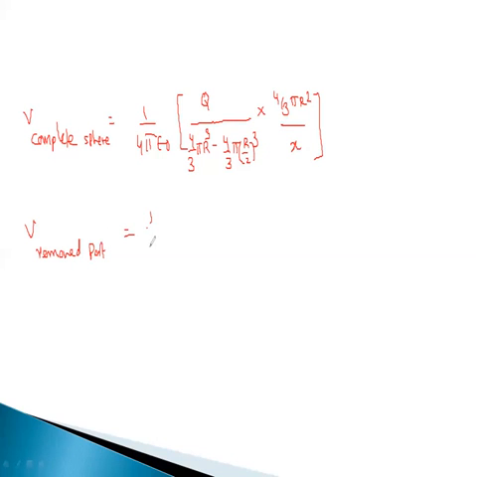This is again 1 by 4 pi epsilon naught into, according to the given information, q by 4 by 3 pi capital R cube minus 4 by 3 pi (R by 2) whole cube, into the removed part's volume, which is very small, 4 by 3 pi into (R by 2) whole cube.